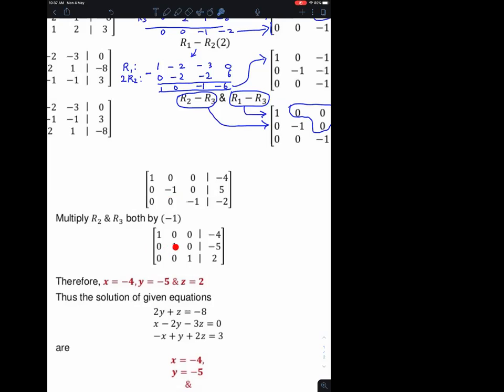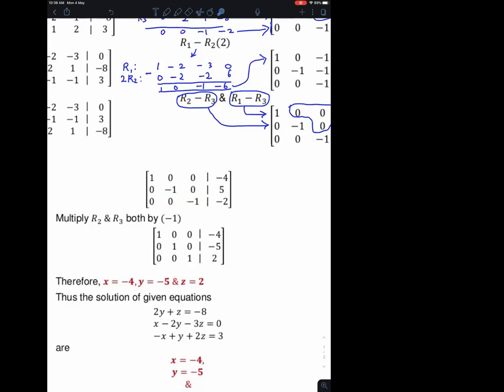So you get 0, 1, 0, -5. Now you multiply row 3 by -1 to get rid of this minus sign. So you get 0, 0, 1, 2.